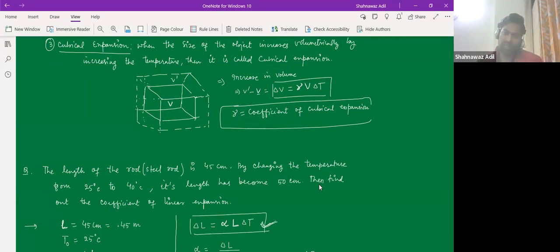And in this part, I didn't give the coefficient of linear expansion, but I gave all the other things that you can calculate. In these types of questions, you will be provided either this alpha or these temperatures or these lengths.